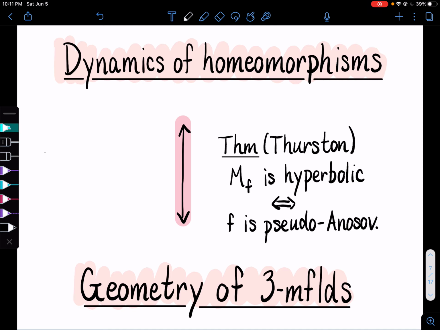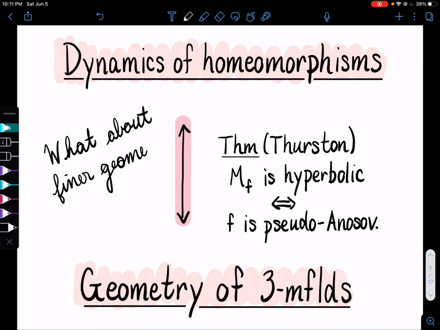But of course we could ask, can we capture finer data? So what about finer geometric data? Let's talk a little bit about what I mean by that.